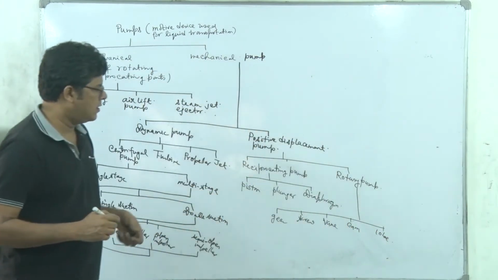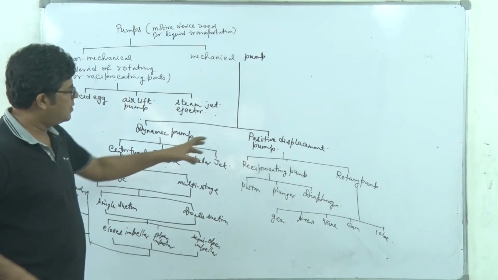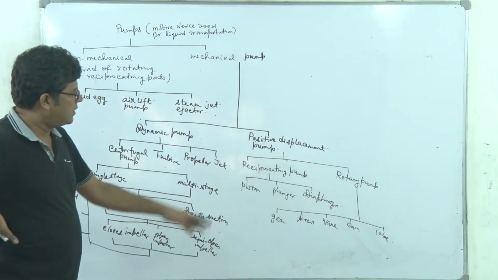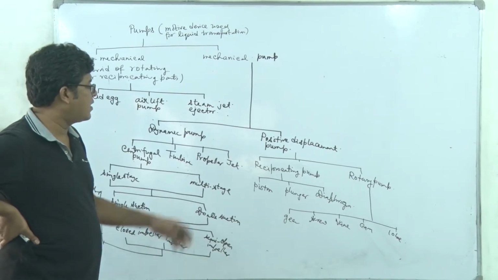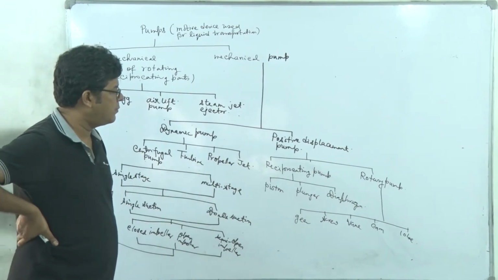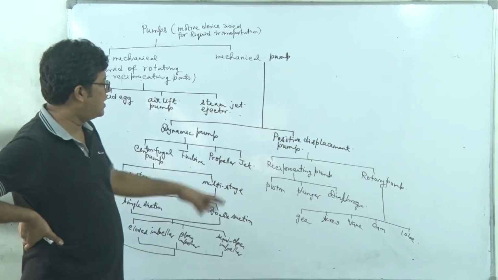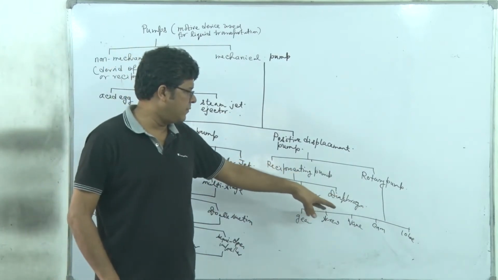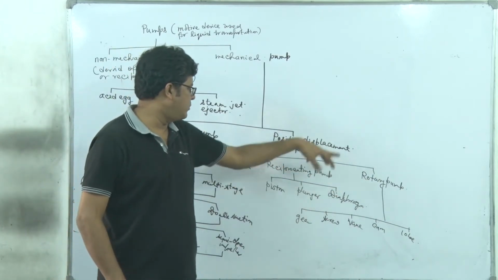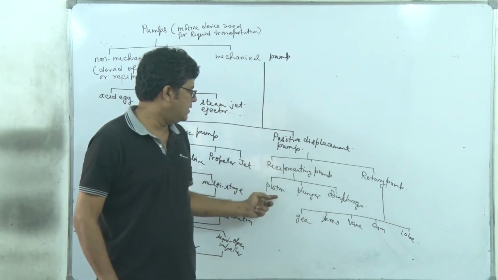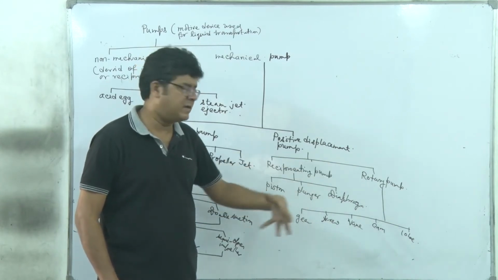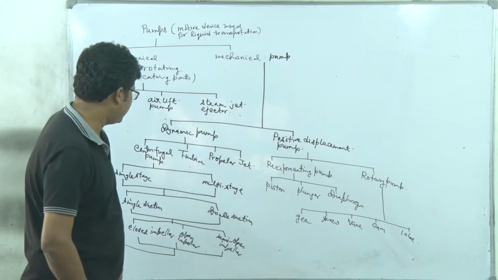Though the basic mode of action remains the same, these are the different elements based on which we call them gear pump or vane pump or cam pump, etc. All are based on this rotary positive displacement. Here it is piston, plunger and diaphragm, the reciprocating positive displacement mechanism.